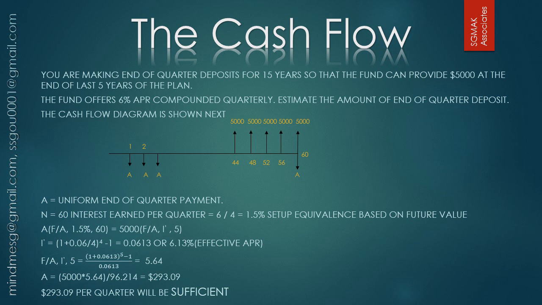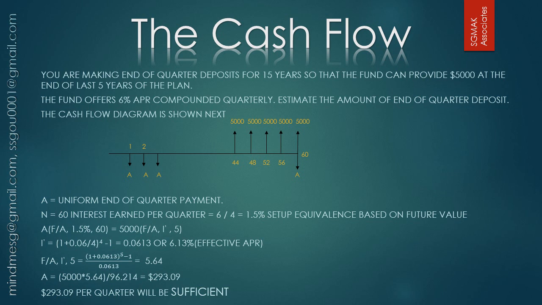On the right-hand side, that should equal the amount you're withdrawing. You have a $5,000 payment. So 5,000 times F over A converts the annuity to future value.